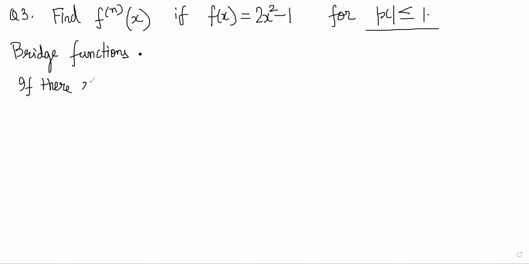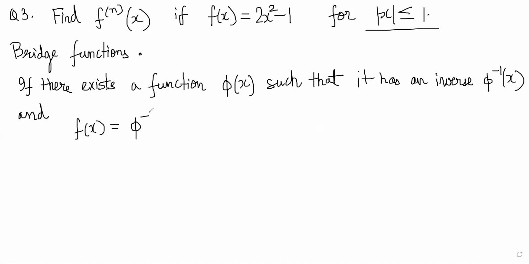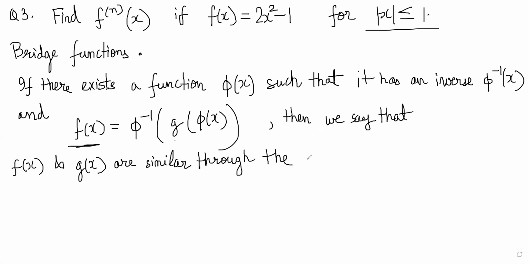If there exists a function phi of x such that it has an inverse, phi inverse of x, and f of x is equal to phi inverse of g of phi of x, then we say that f of x and g of x are similar through the bridge function phi of x.